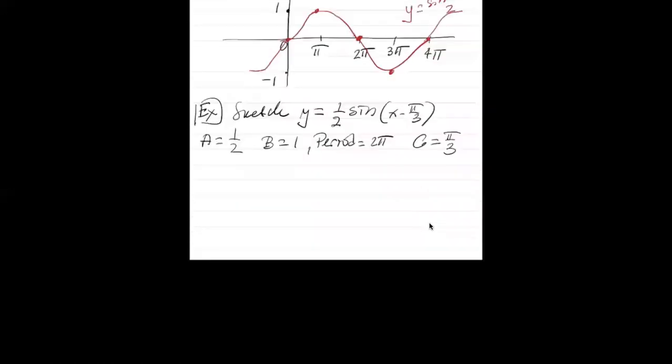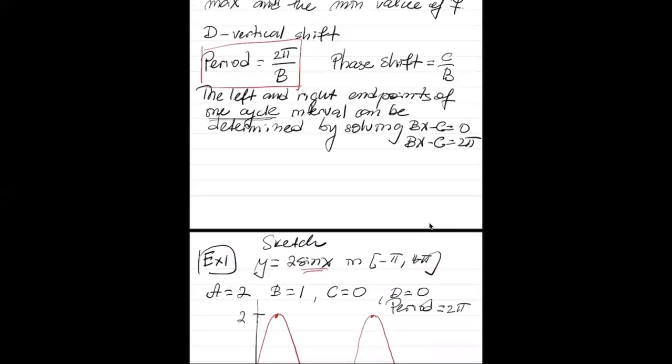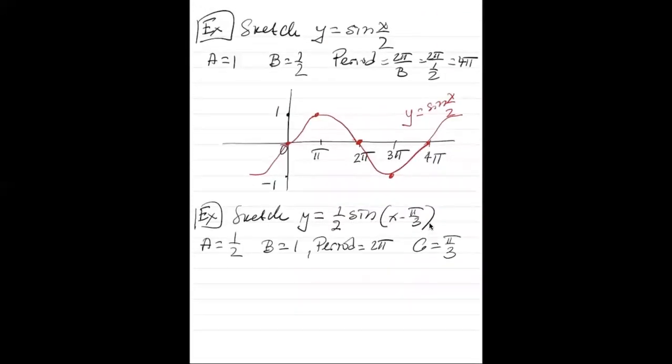So let's use the formula that we wrote down about the left end and the right end points. By solving these two equations, bx minus c equals 0 and 2 pi, we're going to find the left and the right end points of one cycle. Whether we're doing sine or cosine, it's the same. So we're going to solve x minus pi over 3 equals 0, and x minus pi over 3, that's the argument, or the input, for sine, equals 2 pi.